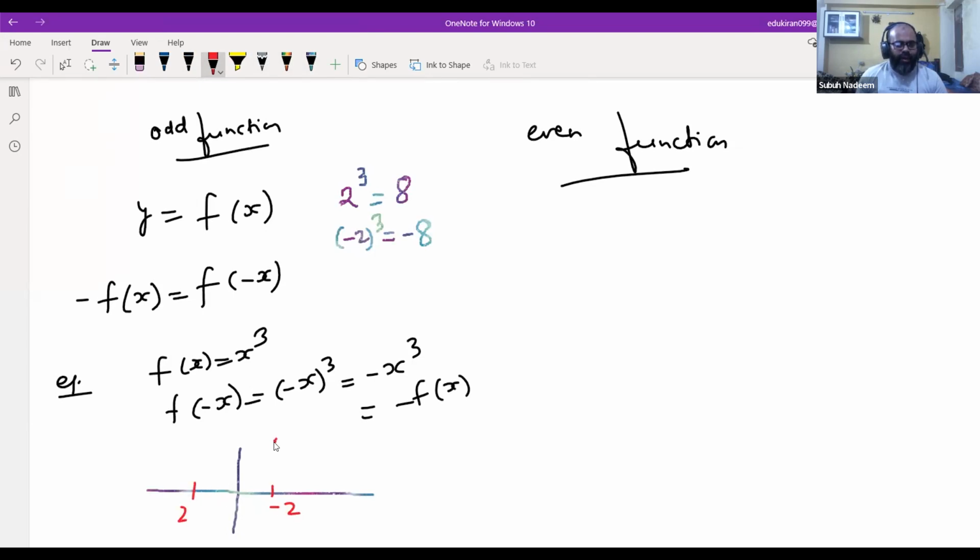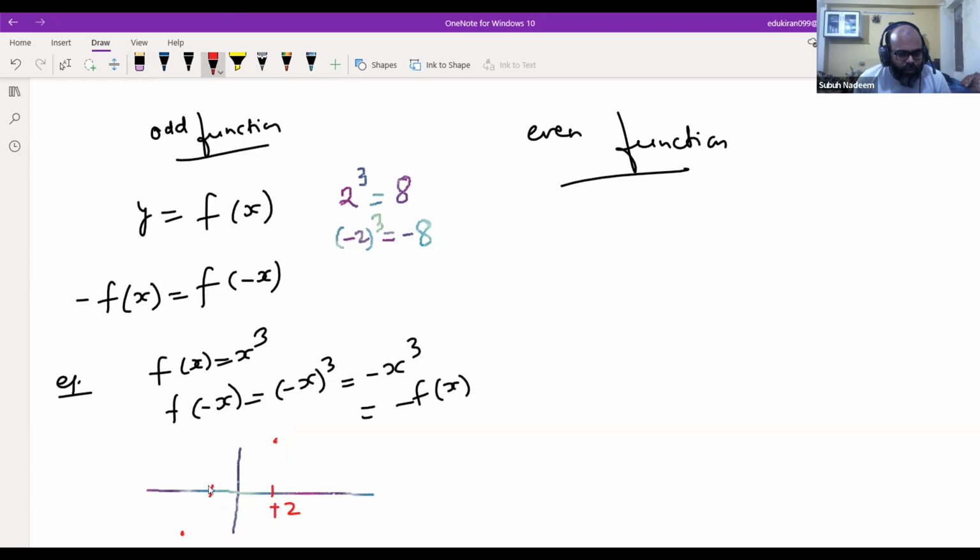You are getting 8 here, and you are getting -8 here. And the graph of x³ will be something like this. This is a curve.